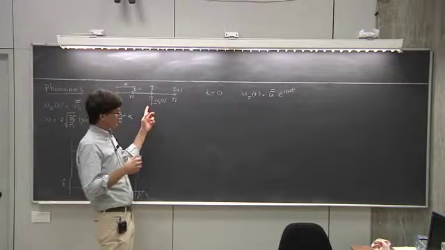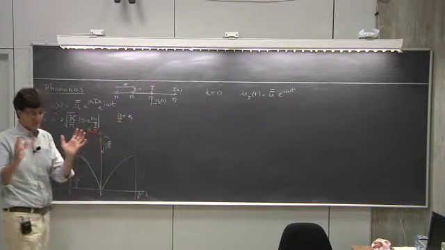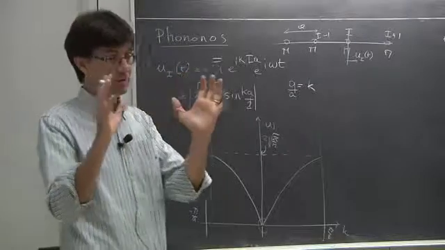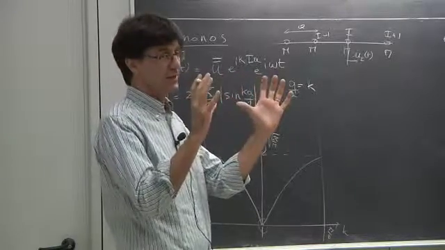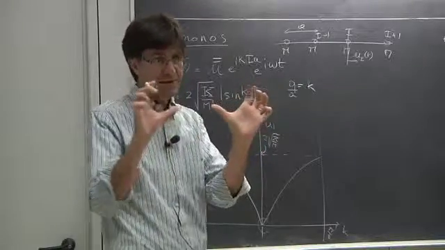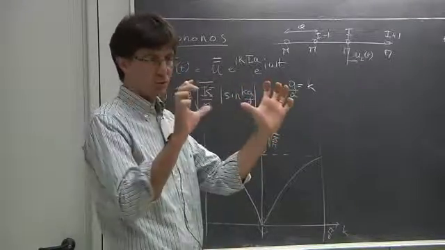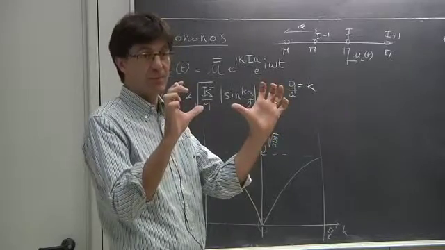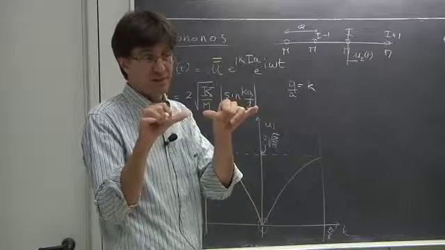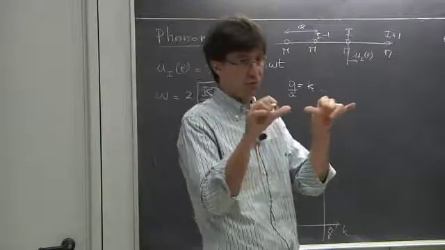And clearly, if we displace all the atoms together, this is a rigid displacement of the whole system, and there's clearly no restoring force for that displacement. There's no spring that keeps the system back to some equilibrium, because you're displacing everything rigidly. The springs are not even touched by this motion.